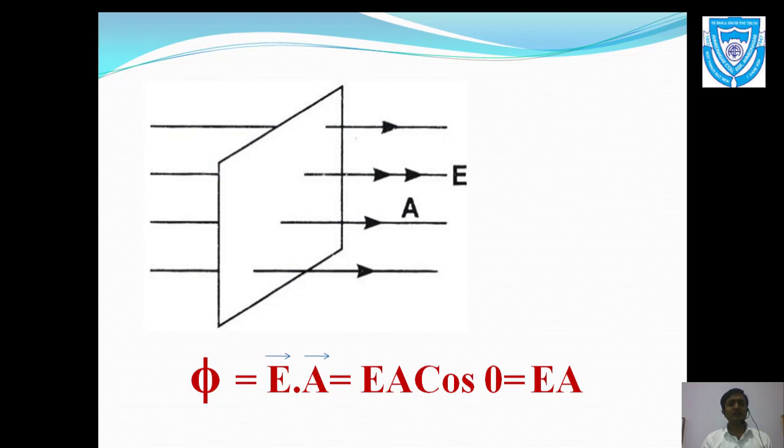The value of theta is 0 and cos of 0 is 1. Therefore it will be EA cos 0, which will be EA only. By this we can say that the formula for electric flux is EA when the electric field is perpendicular to the surface.